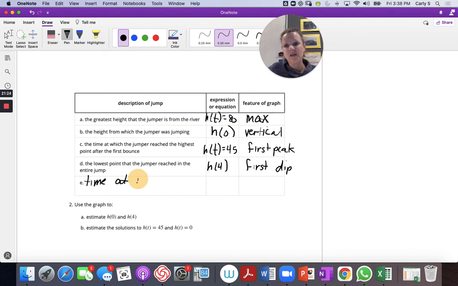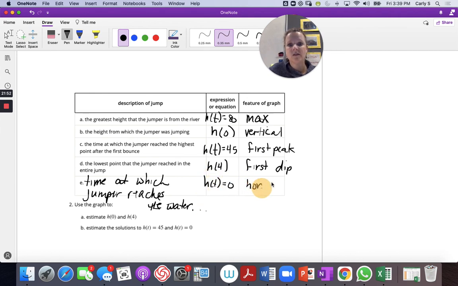The time at which the jumper reaches the water. And that shouldn't happen. Okay, that shouldn't happen. The jumper should not reach the water in a bungee jump, or somebody calculated something wrong. So that is just h of t equals 0 and your horizontal intercept.